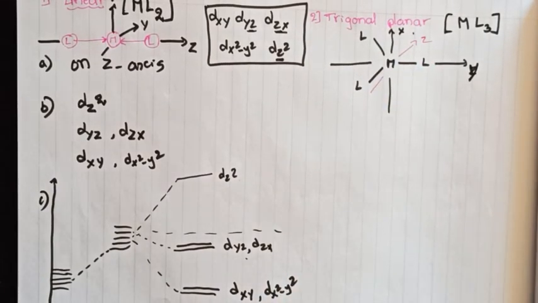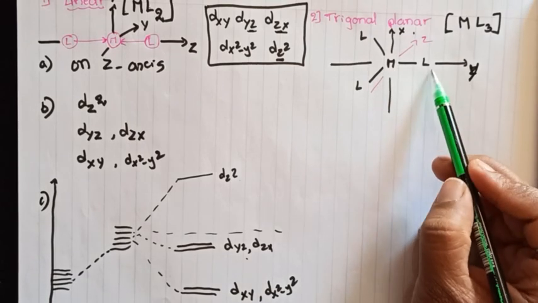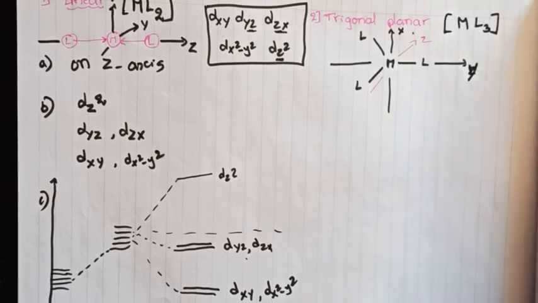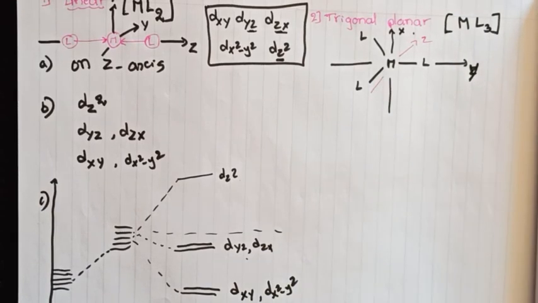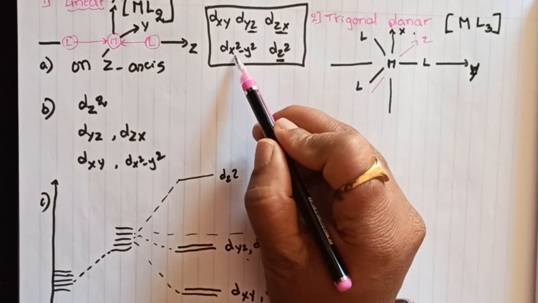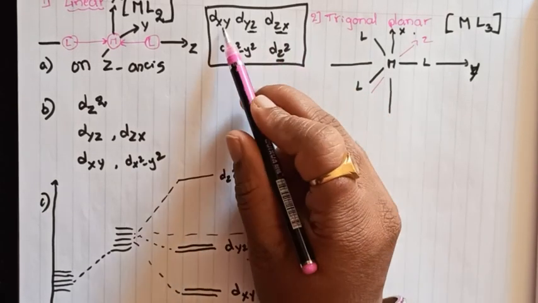In the xy plane only, you can find all three ligands. There is no ligand along the z axis. That's the reason why the orbitals having lobes in the xy plane get more repulsive forces. Those are dx square y square and dxy.